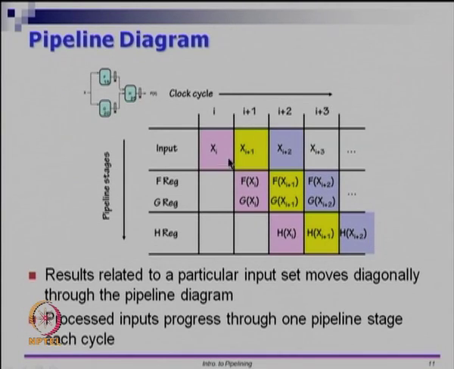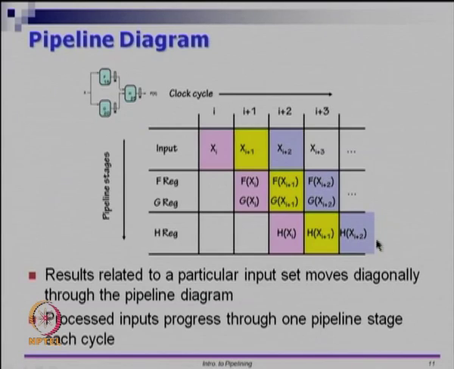You can think of this as the unwashed clothes, this is the washer and this is the dryer. In the washer and dryer example, we did not have F and G, there was only one washer and one dryer, whereas here we have F and G, two combinational blocks.